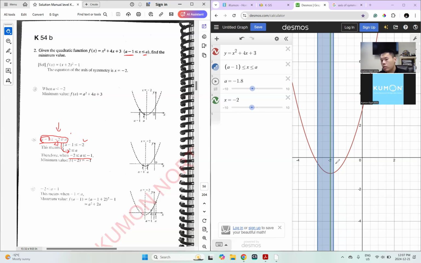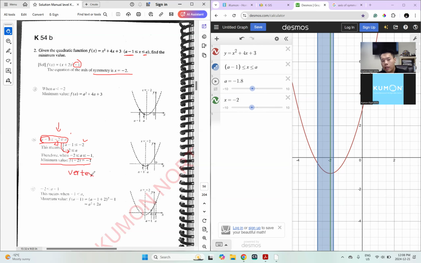That's in between, in the graph that we just showed, right? Good. In this case, the minimum value is going to be at the axis of symmetry. When you substitute the axis of symmetry into it, you will get x is equal to -1. Okay, so this is your vertex.